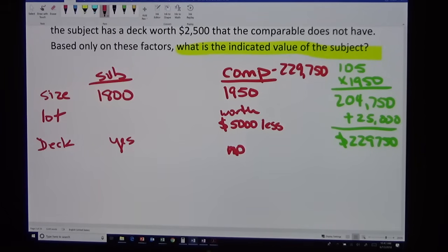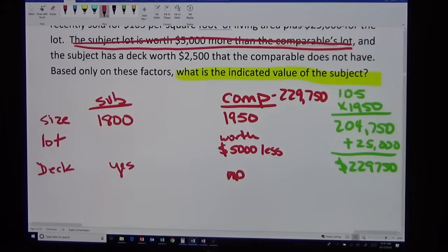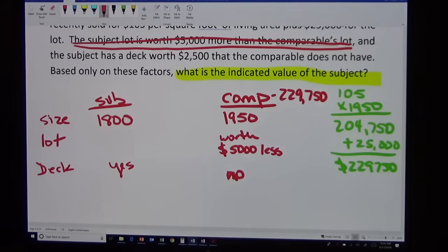Now we want to do our adjustments. Don't worry about the debt being worth $2,500 because that's going to be an adjustment we're going to make, okay? So, adjustments. The first one is for size, square footage. The subject property is 1,800 square feet. The comparable property is 1,950, which means the comp is better, which means we need to adjust it down.